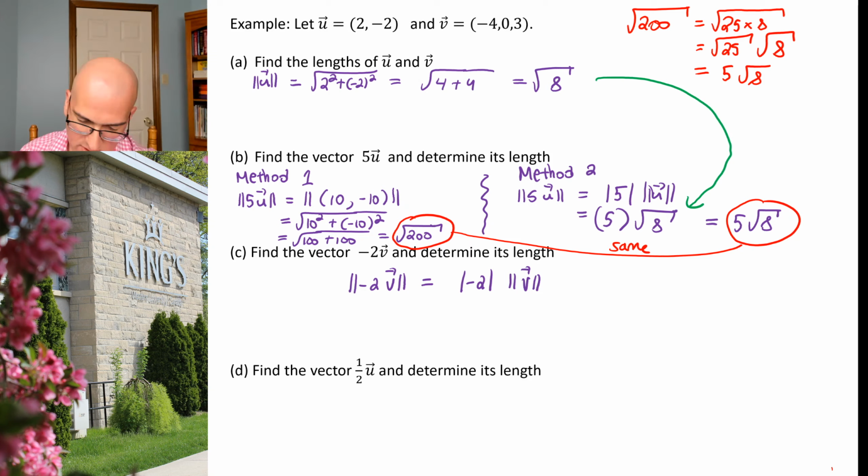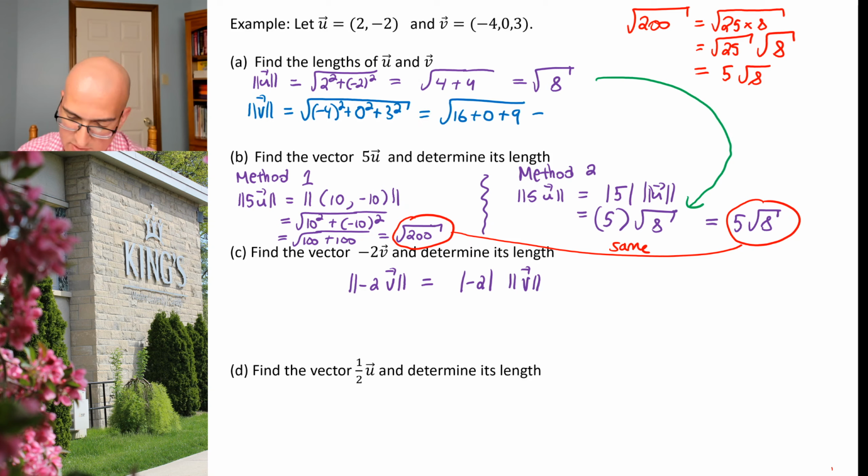Oops. The length of v is equal to the square root of negative 4 squared plus 0 squared plus 3 squared. So the square root of 16 plus 0 plus 9. So the square root of 25, which is 5. So I'll plug that in down below.